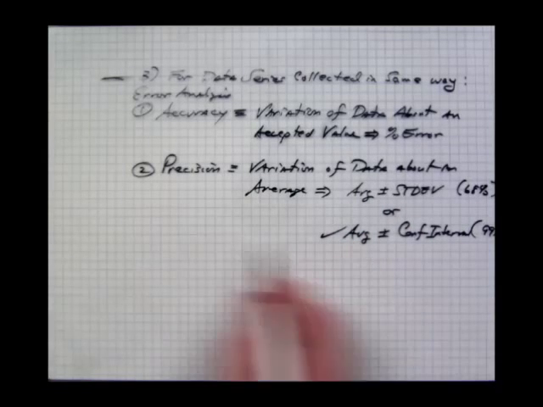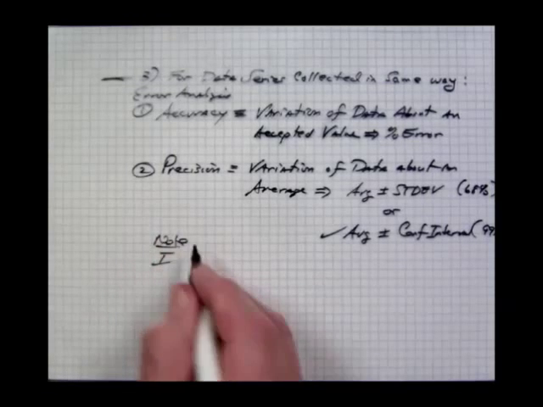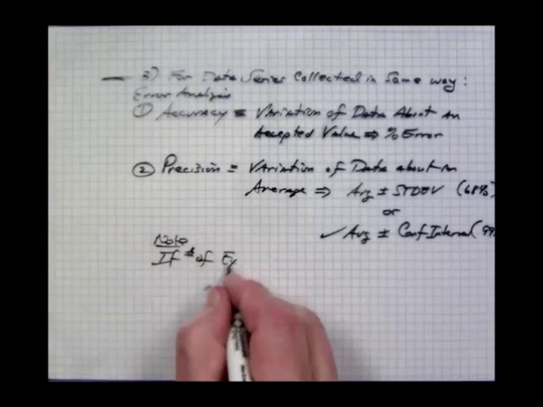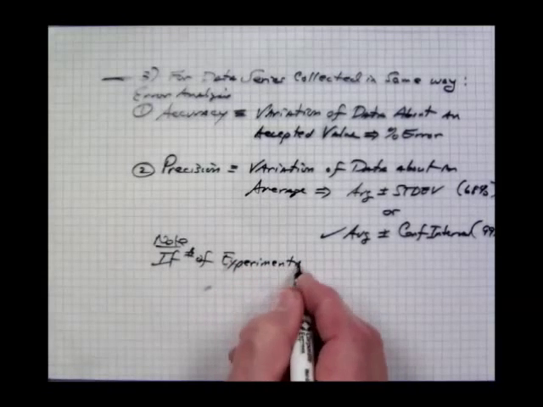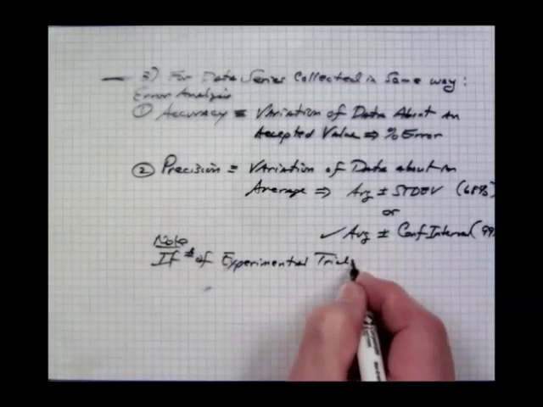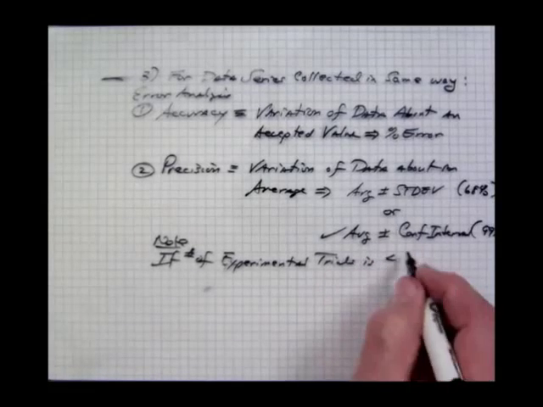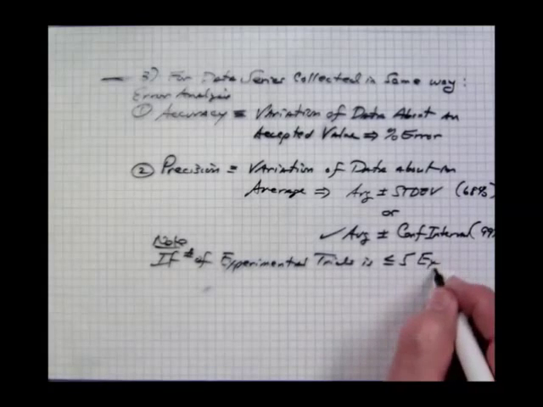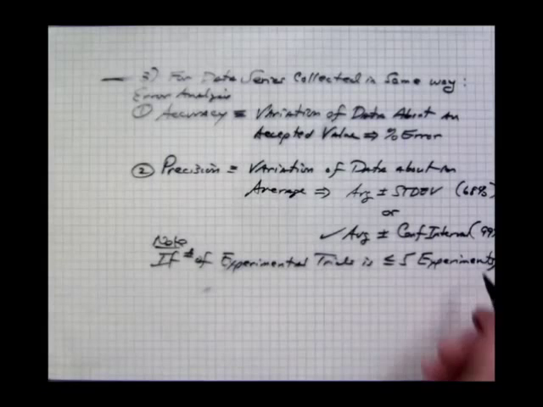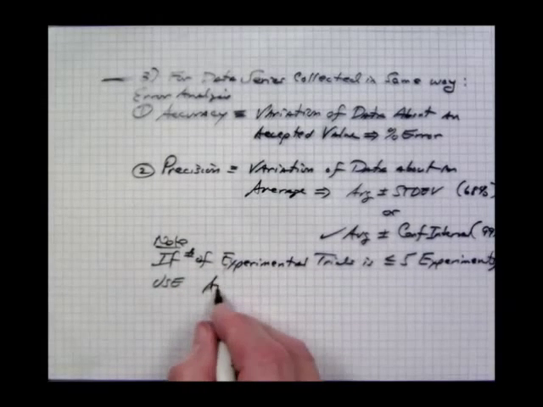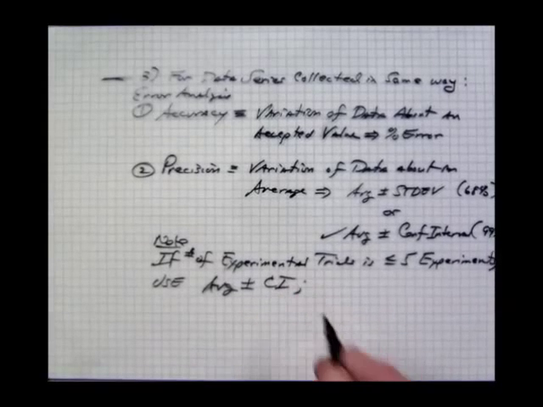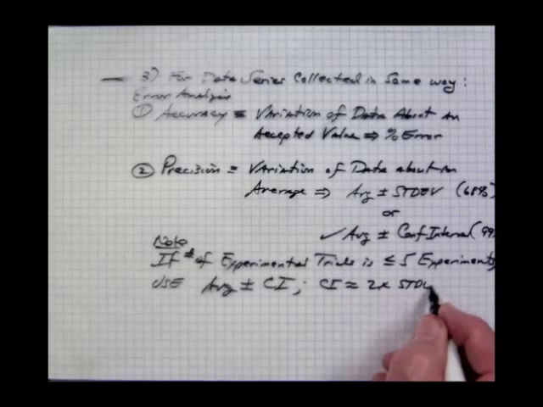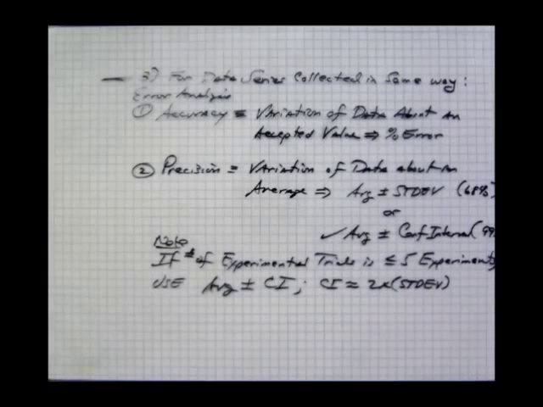I'll make a note down here: if the number of experimental trials is less than or equal to 5, use average plus or minus the confidence interval, and the confidence interval is approximately 2 times the standard deviation. And that's what we were showing you.